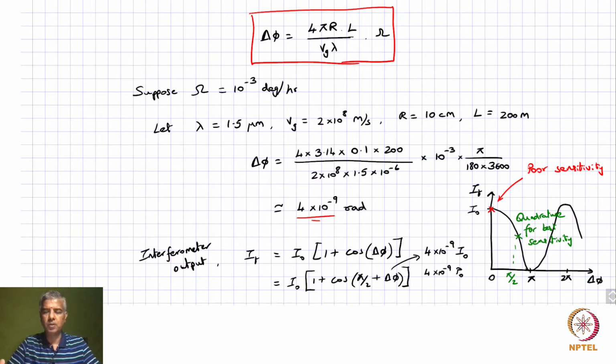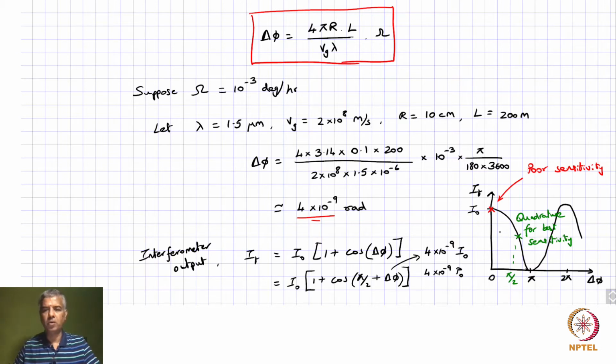And in this context, if you put this as part of an interferometer, which is a Sagnac interferometer, you typically are operating at this point if you don't apply any phase bias. But if you apply phase bias, we said you could possibly move to about pi by 2 phase shift. That is actually the quadrature point.